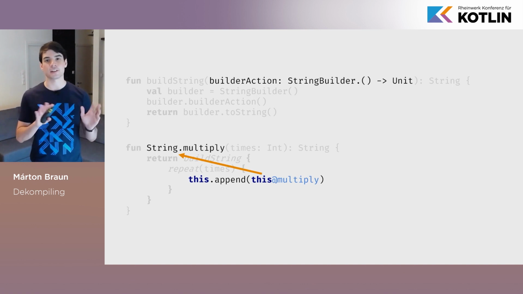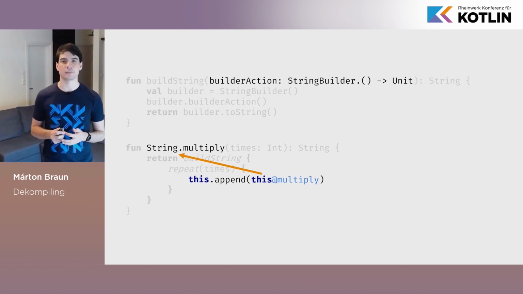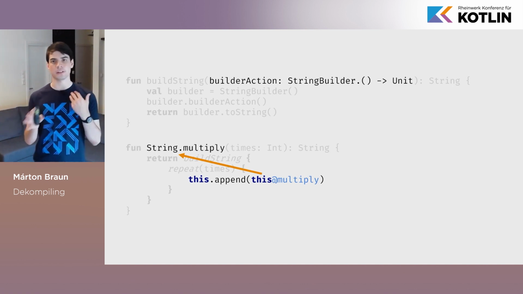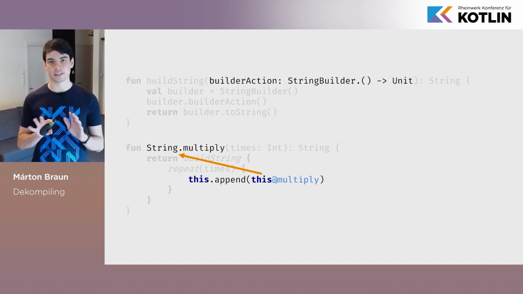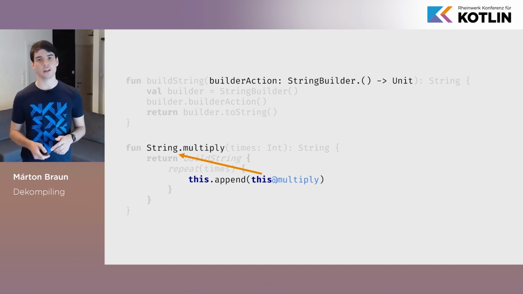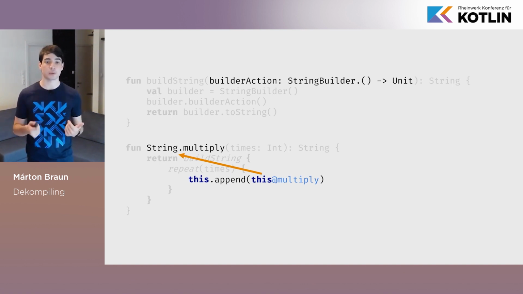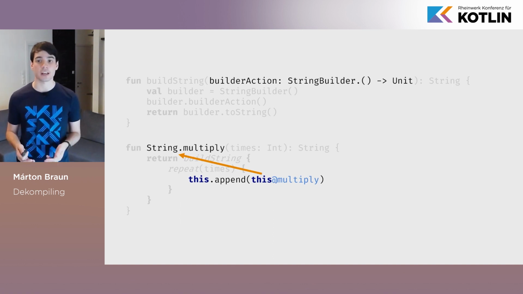Please note that this is here for educational purposes. So if you find yourself having to juggle between different receivers this much, you might want to consider not nesting this many things inside each other. But this is the way that you can disambiguate between multiple receivers if you really have to at some point.